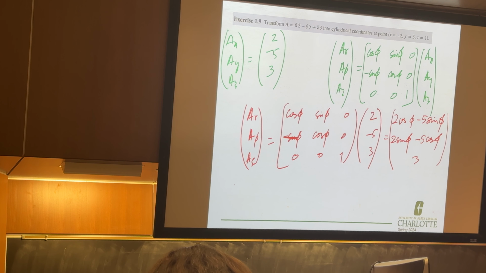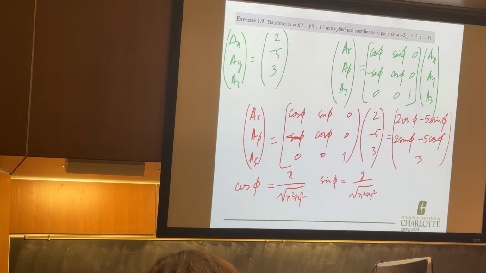So we'll repeat that. Cosine phi is equal to x over square root of x squared plus y squared, and sine phi is equal to y over square root of x squared plus y squared.